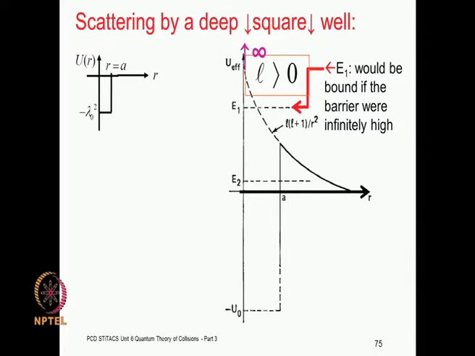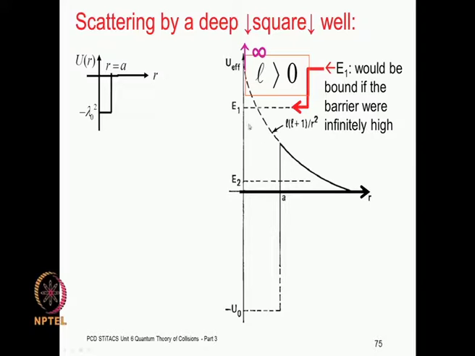Now, what is happening is really interesting, because if you consider collision of a certain projectile by this potential, and let us say that the energy of this projectile is E1. It could be E1, it could be E2, it could be E3 and whatever.